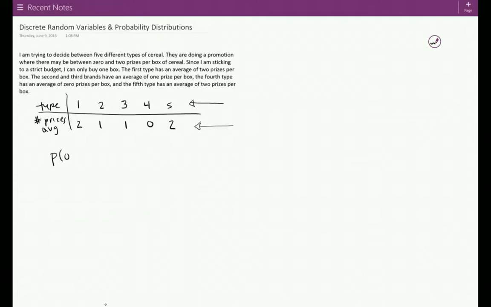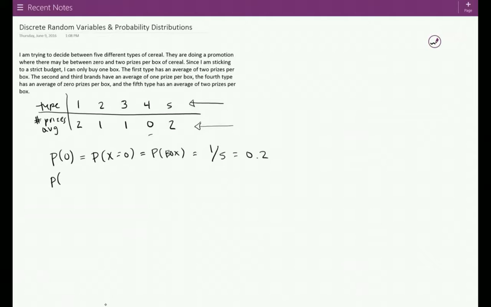First, the probability that I receive no prizes in a box of cereal. The probability of the random variable equals 0. And this will only happen if I pick box 4. That's the only time 0 occurs in our table, which is 1 out of 5 possibilities, which is a 20% chance that I'll receive no prize in my box of cereal.